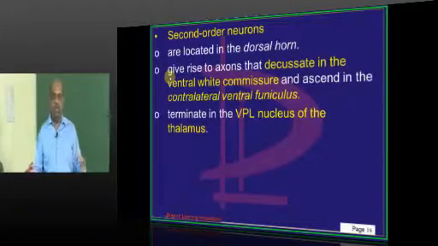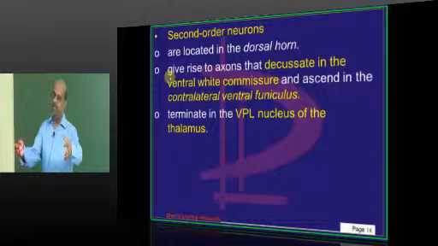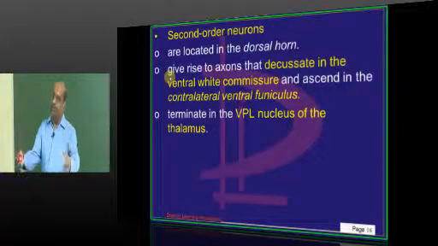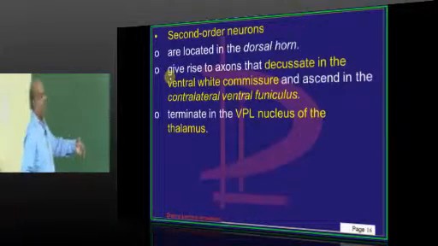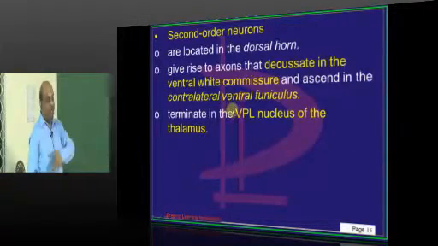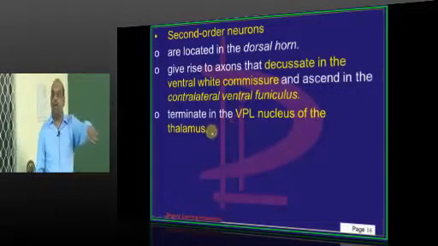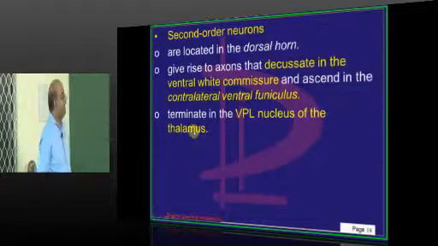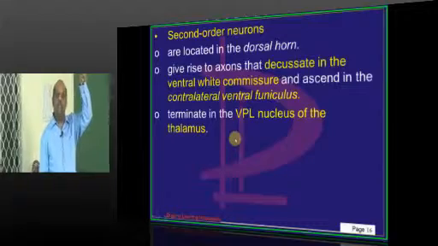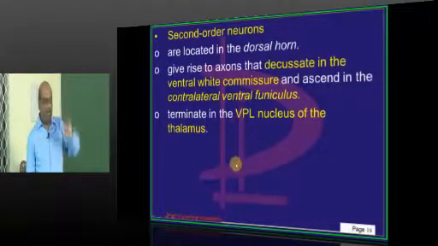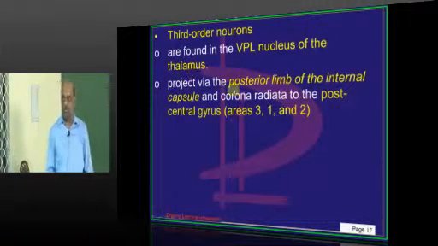How is white matter organized? It is one ventral funiculus, dorsal funiculus, and also there is a ventral white commissure where these decussating fibers are located and they reach the contralateral ventral funiculus, and that ultimately go up and reach the thalamus non-stop without stopping anywhere, and thalamus becomes the third order neuron.